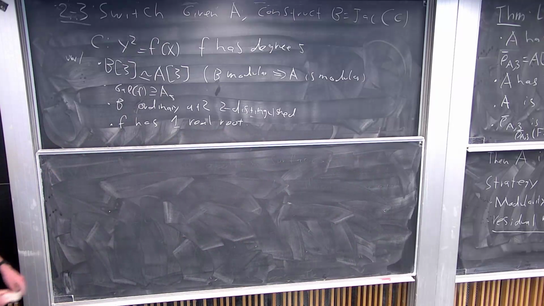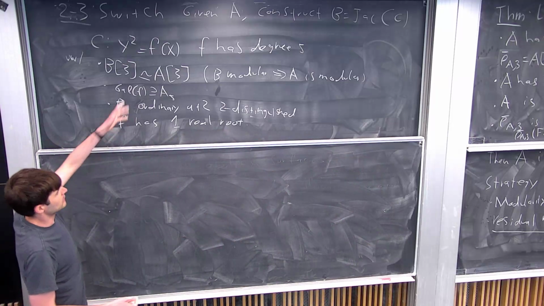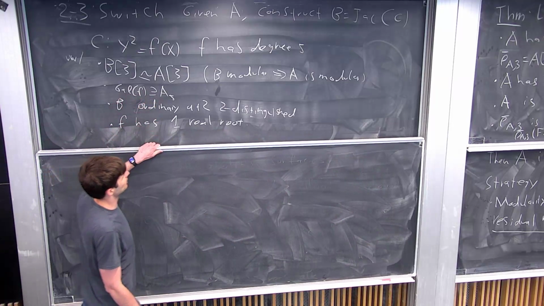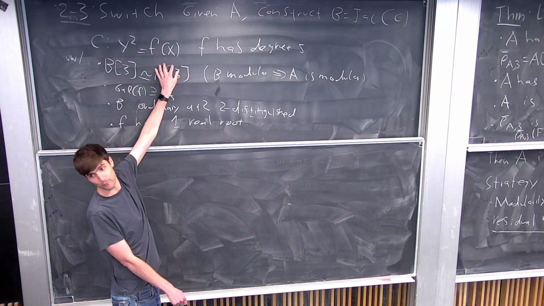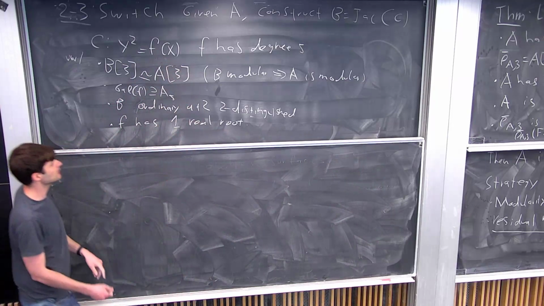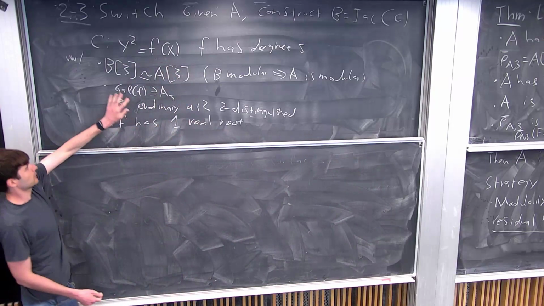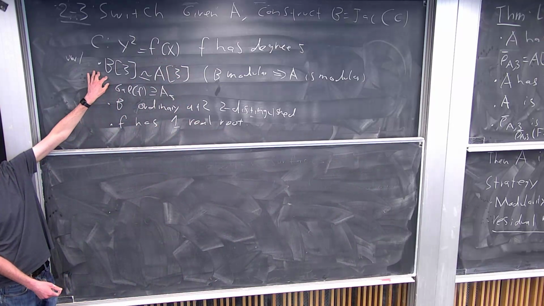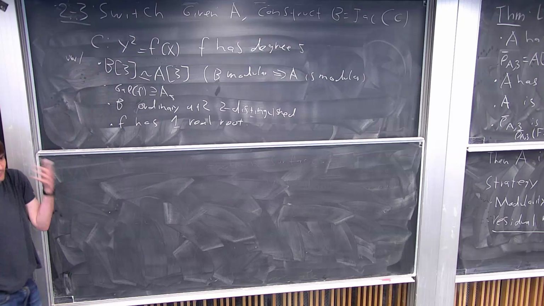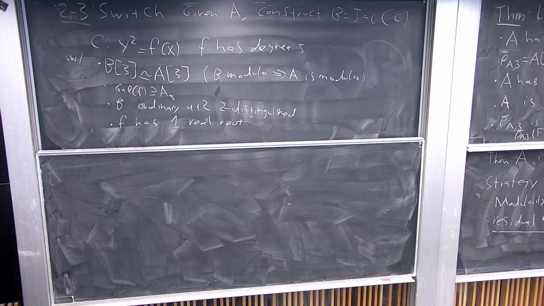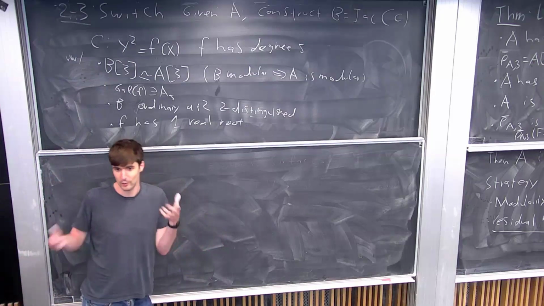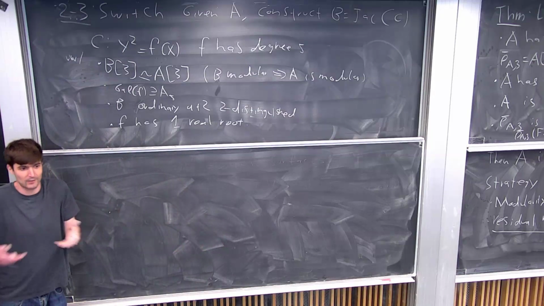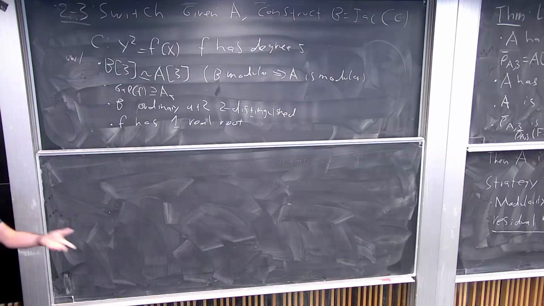You look at the moduli space of genus 2 curves which have a rational Weierstrass point, which is what it means for it to be of the form y squared equals f of x, where f has degree 5, as well as a sort of twisted full level 3 structure, which is what we're putting here. And you prove that that moduli space is a rational variety over Q. And so once you have a rational variety over Q, it has lots of Q points. And in particular, you can put whatever local conditions you want, as long as those local conditions are locally possible.